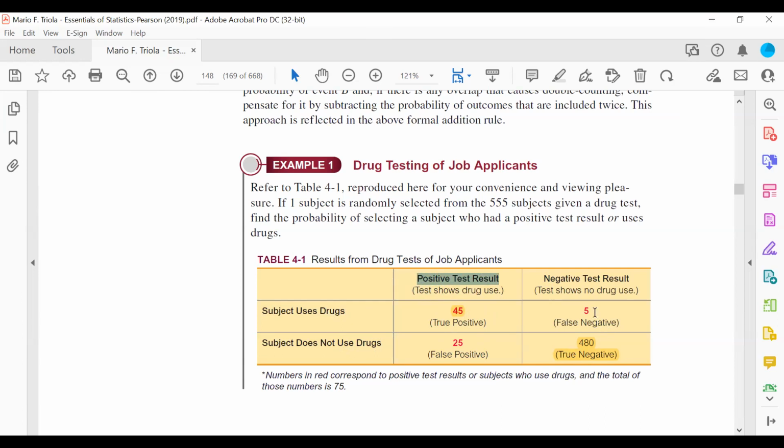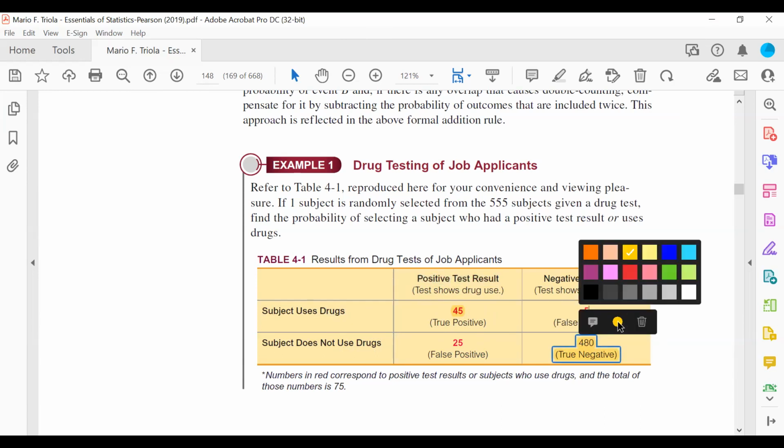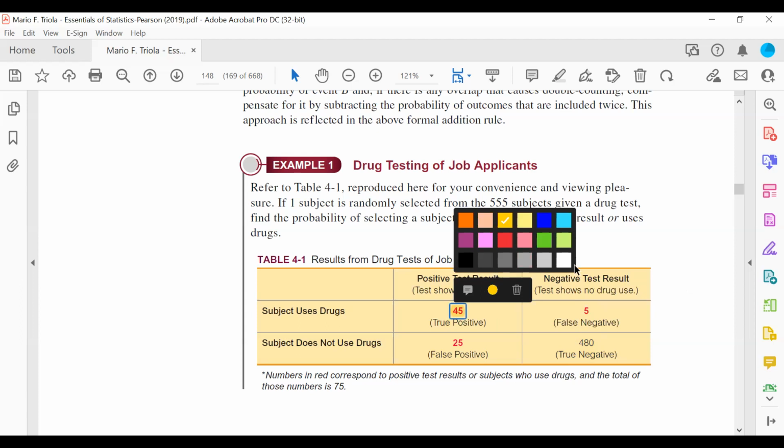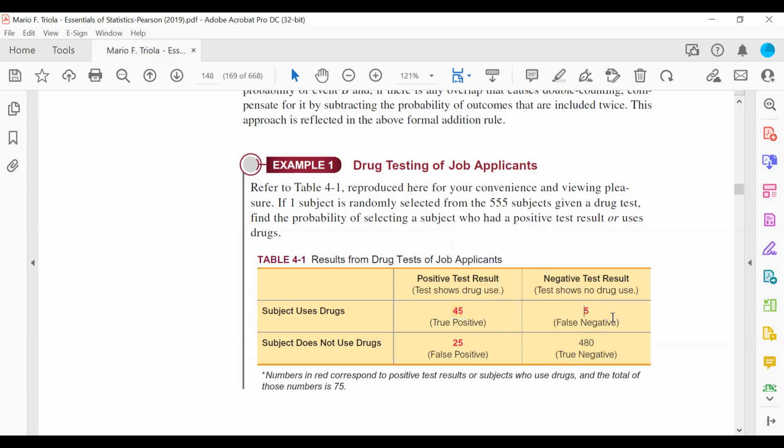All right, now let's look at this 5. What does this 5 represent? This 5 are the people that were asked, did you use drugs?